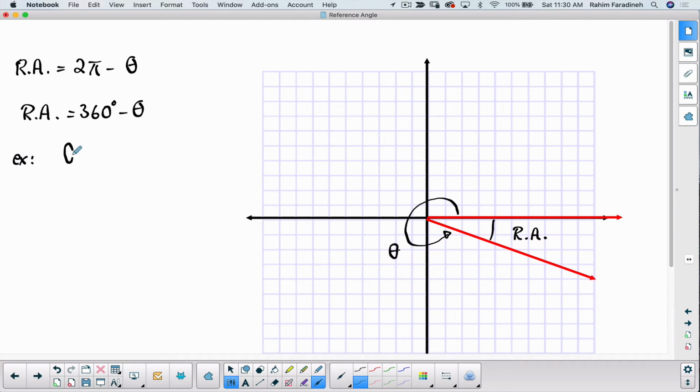So for example, let's say theta is equal to 300 degrees, which is in the fourth quadrant. So the reference angle will be 360 degrees minus 300 degrees. So the reference angle for the 300-degree angle will be 60 degrees.